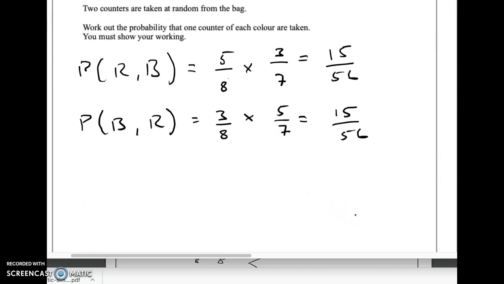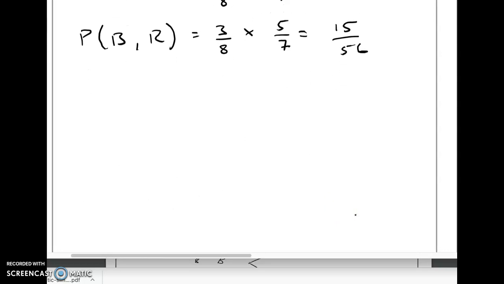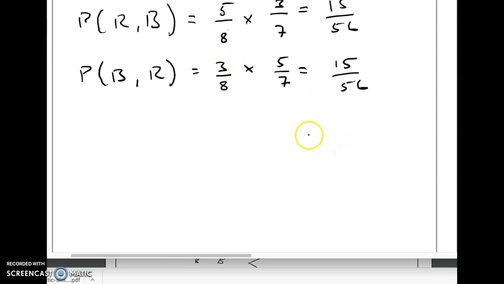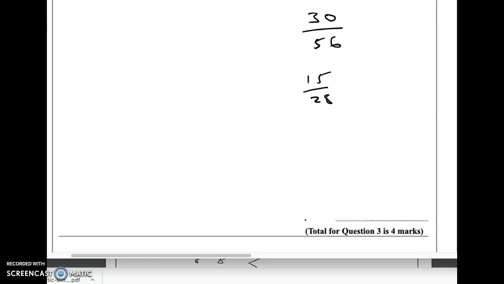We add those probabilities together, we get 30 over 56. That could be 15 over 28. And we can't simplify that anymore. Okay.